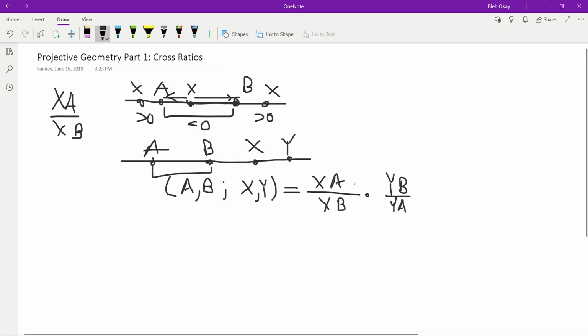In particular, here we have the case where AB and XY are disjoint from each other. Then that results in a positive cross ratio.